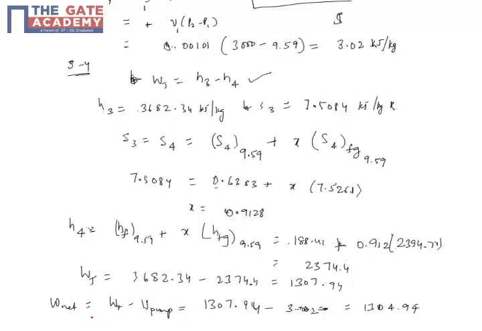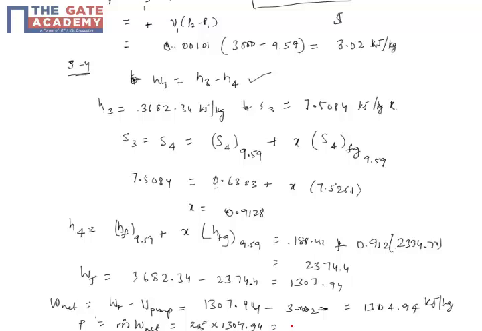This is in kilojoules per kg, but we know the mass flow rate, so the net power developed is the mass flow rate times the net work done, which is 25 times 1304.94.